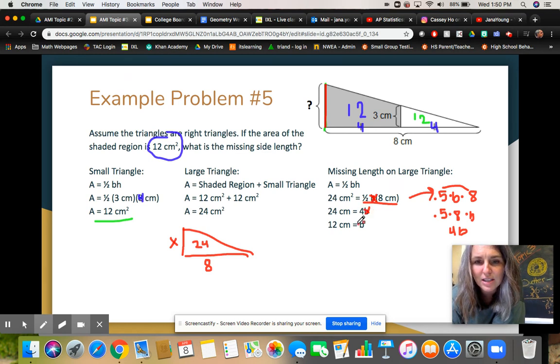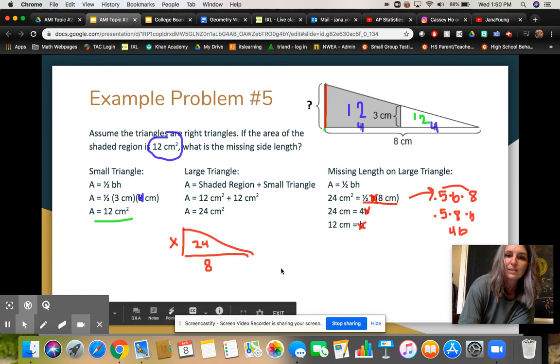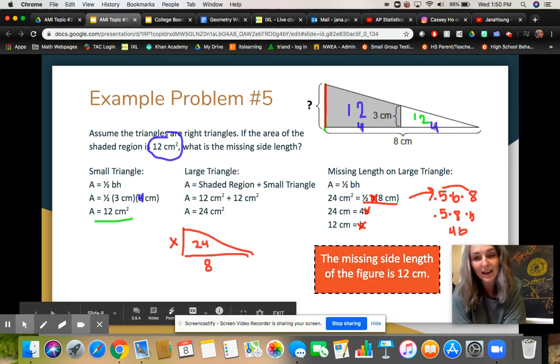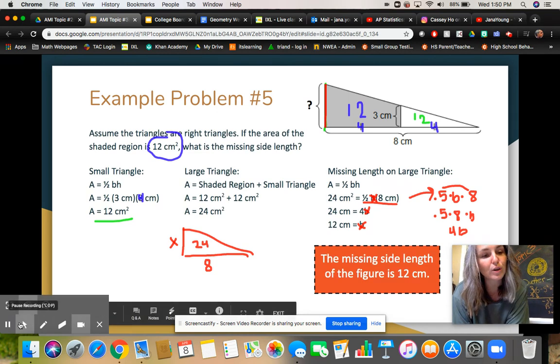And let's call this x. And that solves for the height of that triangle. Really, it doesn't matter because we could take that triangle and tilt it, and all of a sudden that does become the base. But I just don't want you to get hung up on that, okay? So in this problem, that unknown side is 12. And again, pause and write notes.